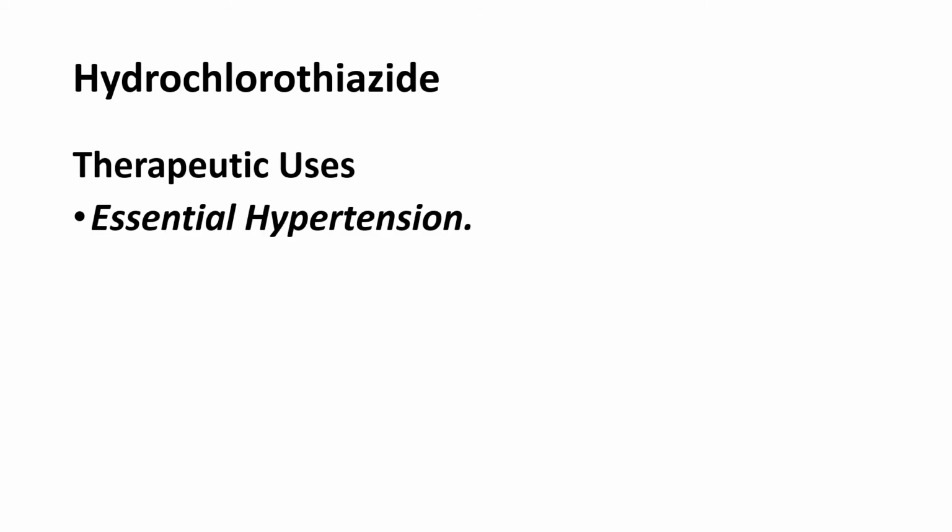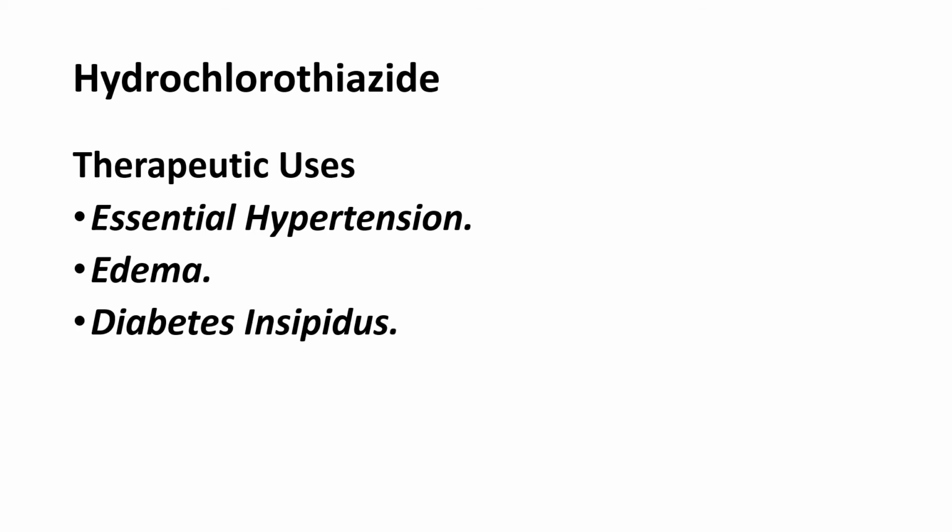Now for the therapeutic uses of your hydrochlorothiazide: it is for your essential hypertension. So this is the primary indication of HCTZ. Edema. So thiazides are preferred drugs for mobilizing edema associated with mild to moderate heart failure. And for your diabetes insipidus.